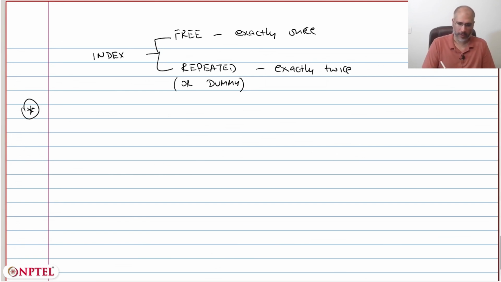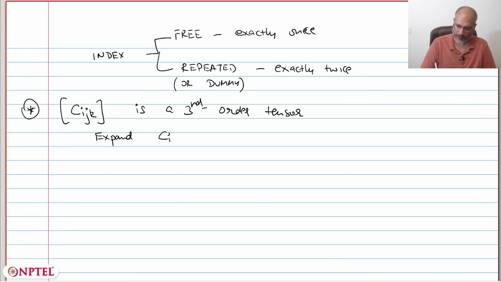So let's take another example, and this is going to be the last example in this lecture. Let's take a higher order tensor Cijk. So Cijk is a third order tensor, and we have to expand the term Ciji. Now we can see that it's a mathematical term like you had in sigma ii.